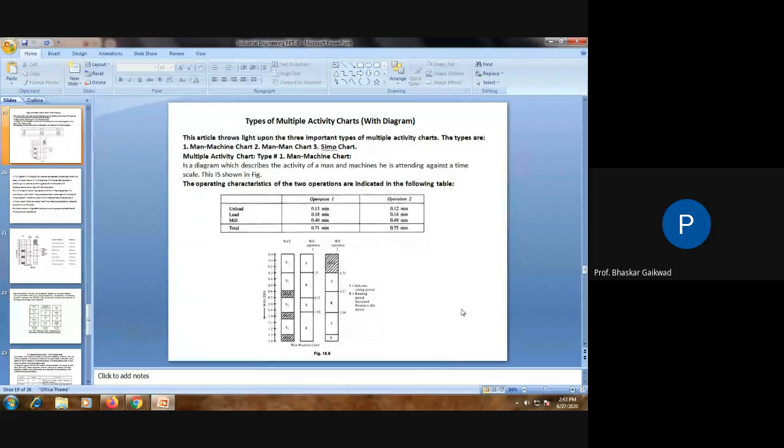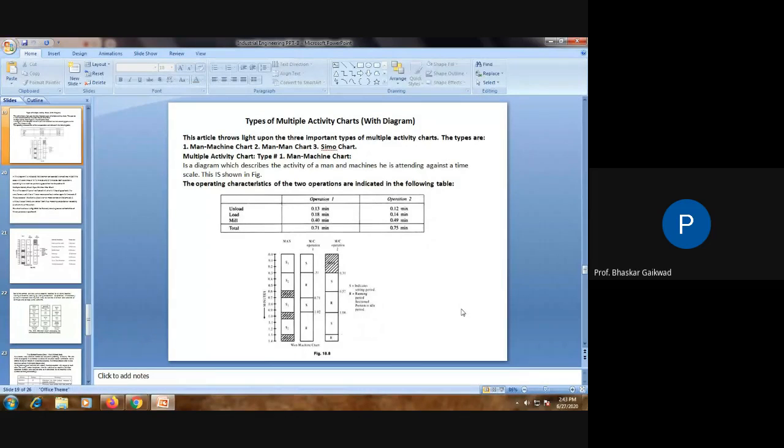Related to operation number 2, unloading time is 0.12, loading time is 0.14, and milling time is 0.49. So total time is 0.73 minutes. So we have studied these two machines. In these figures, they have shown graphical representations with a scale.